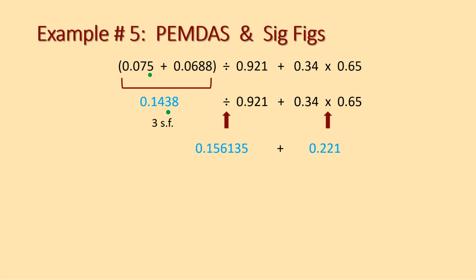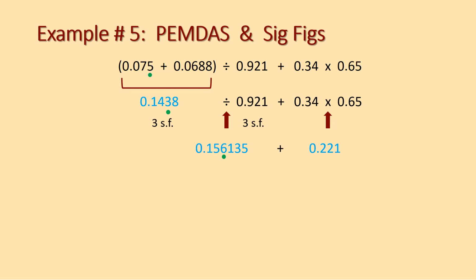Now 0.921 also has 3 significant digits. Since both of our given values have 3 significant digits, the quotient, 0.156135, must also have 3 significant figures, and we note that by putting a dot on the 3rd significant digit.